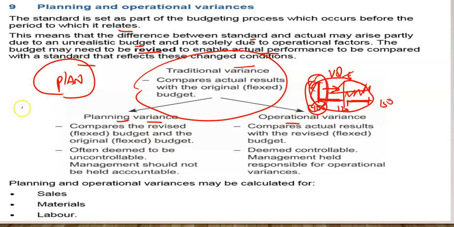You had your original, and then you have actual, but there's a revised. We move this a little, and that's revised. It's still flexed, we're just revising it. This is your planning variance, and then you compare this with your operational. The difference between your old original and your new original is your planning variance, and the difference between the revised and what actually happens is the operational variance.